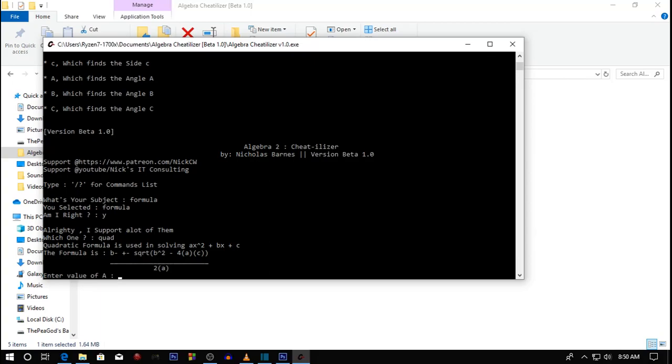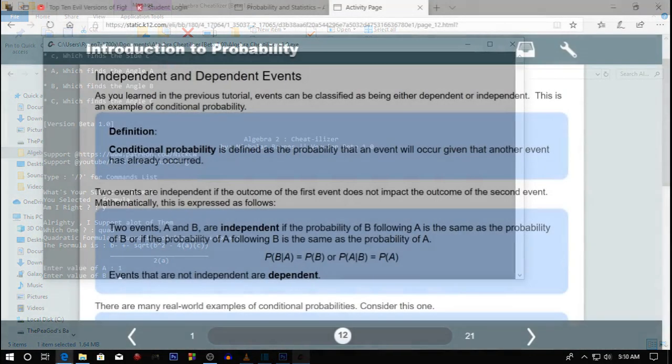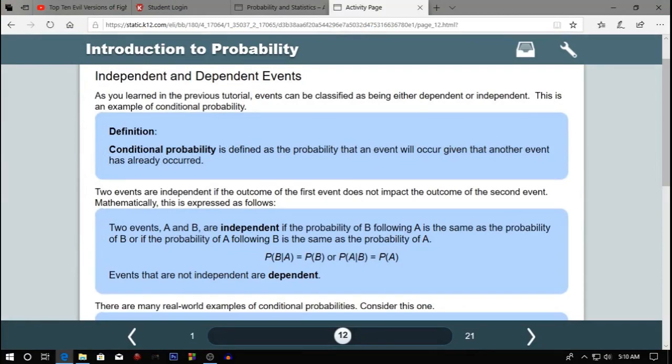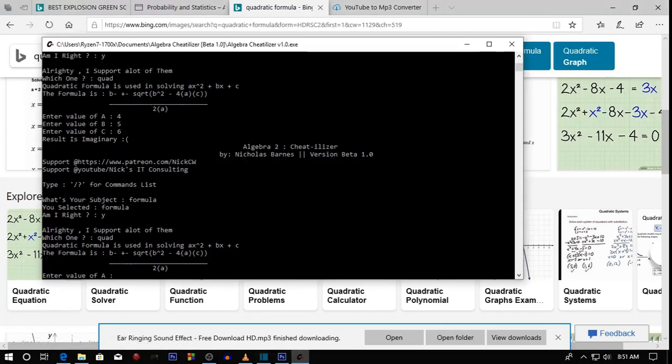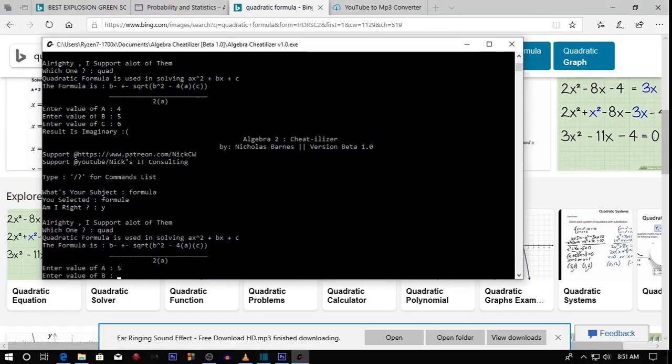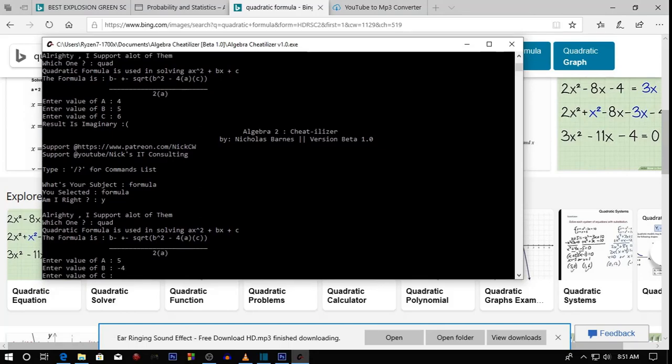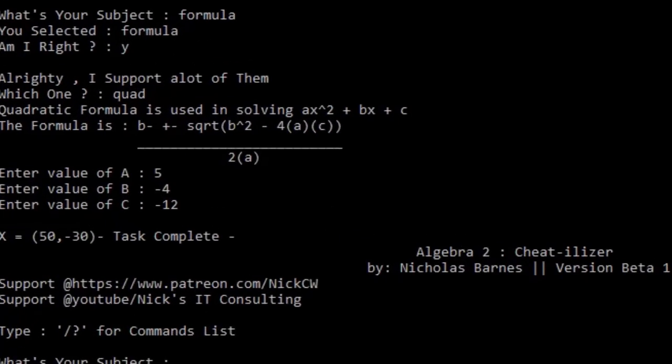Now, what I like about that, and what's really helped me out, is that in case I forget, I get a nice description of what it's actually used for and what I'm finding, because it's always nice to know exactly what you're doing, unlike what that explanation did. Yeah, it's pretty bad. And to top it all off, you can input the answers, and it gives you a nice little answer down there.